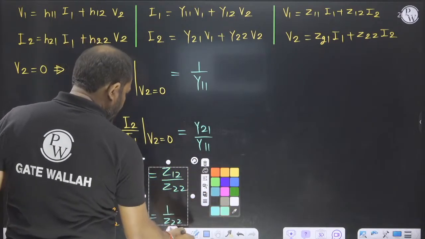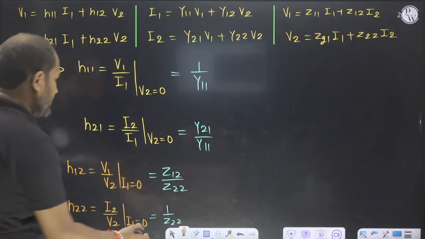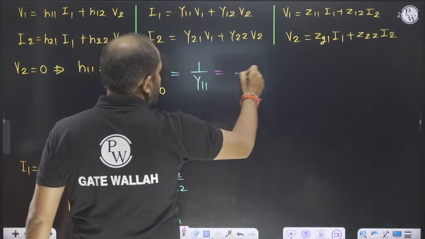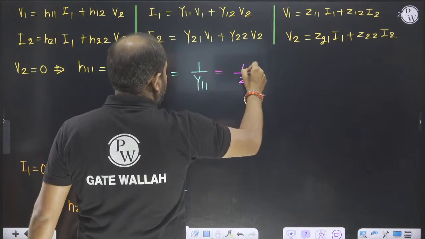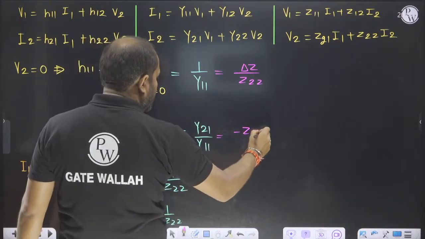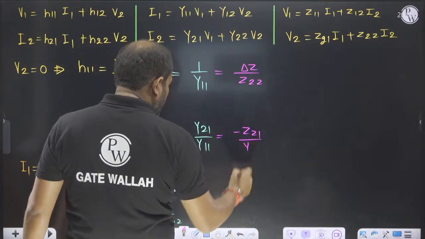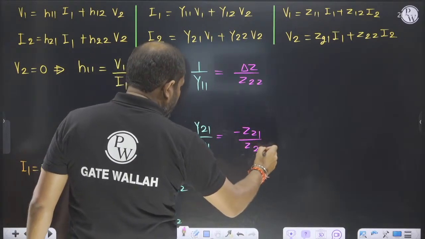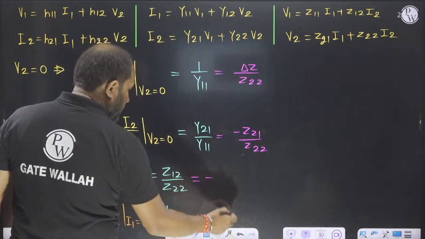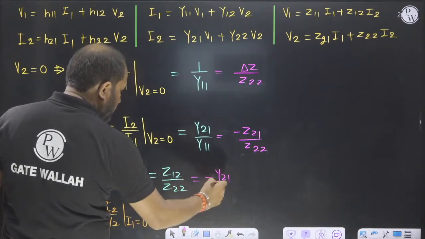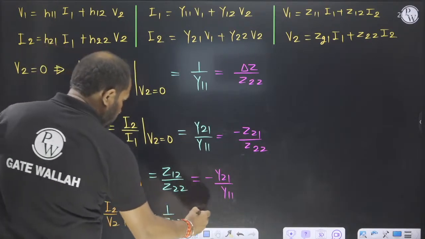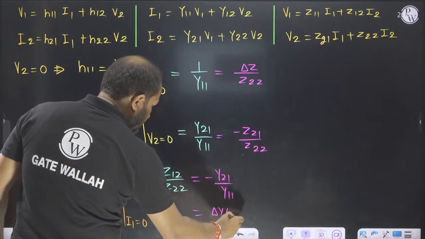So this is our parameter. 1 by Y11 will be equal to 1 by Z11 in terms of Z, so Z22 upon delta Z, minus Z21, Y11, Y22, Z22, and 1 by Z22, delta Y upon Y11.